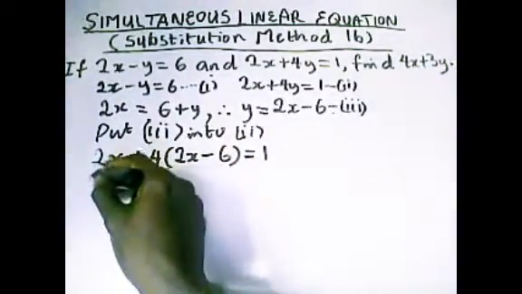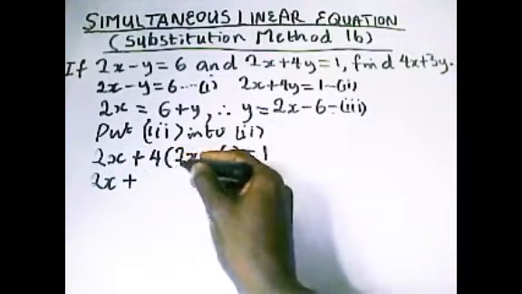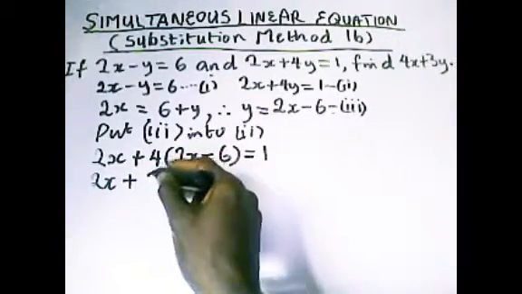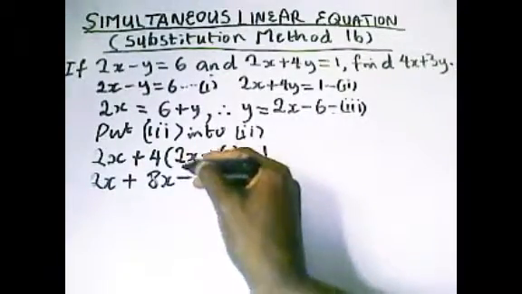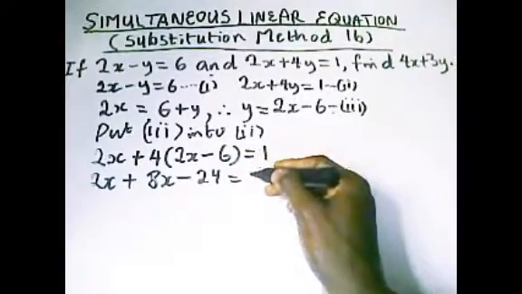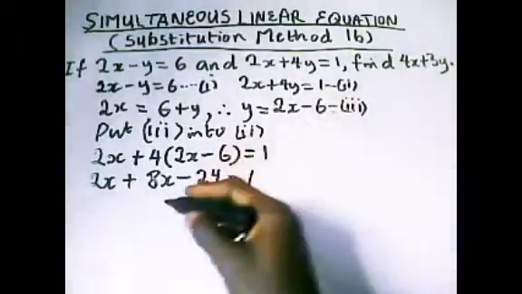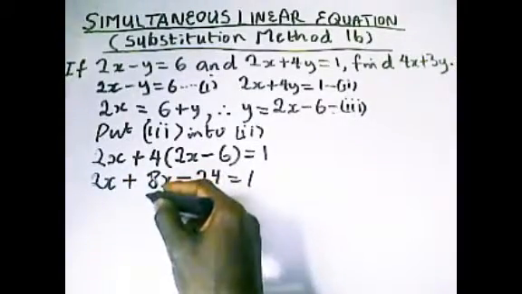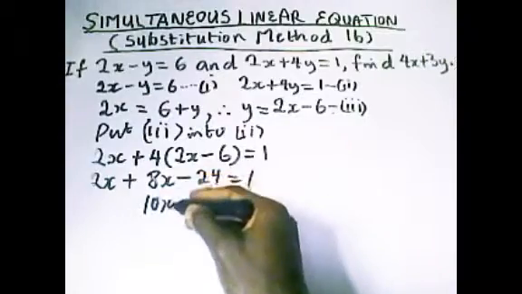So here we have 2x plus, we expand the bracket, 4 times 2x will give us 8x, then plus minus is minus, then 4 times 6 is 24. So we have everything there equals to 1. The next step is to add up these two, 2x plus 8x, which gives us 10x.